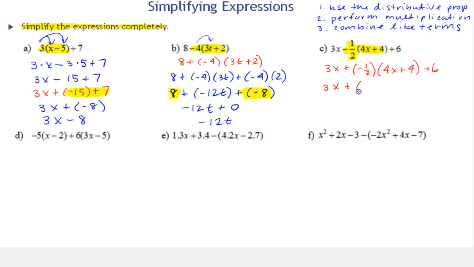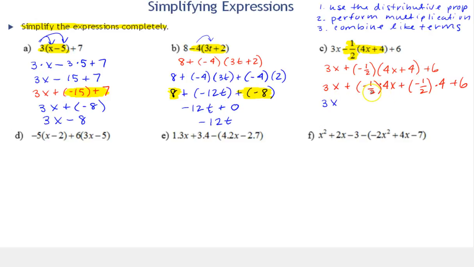So negative 1/2 times 4x, plus negative 1/2 times 4, and then we have the plus 6. So we've distributed the negative 1/2 to each term in the parentheses. Now I'm going to multiply. The 3x stays the same. Now negative 1/2 times 4x.